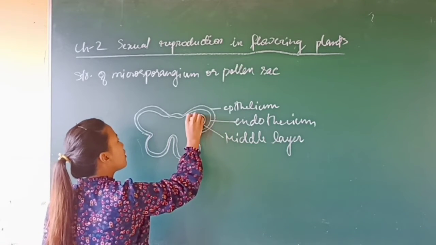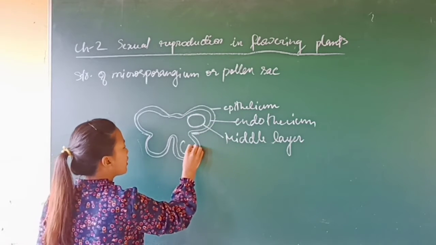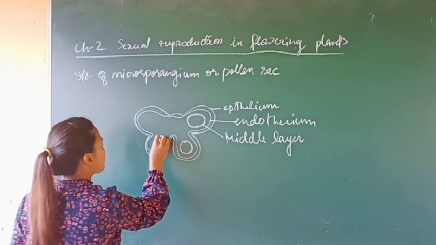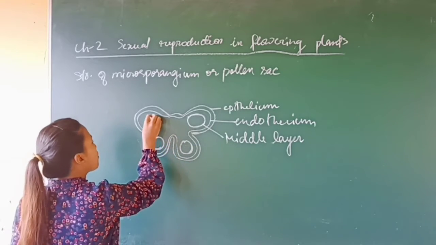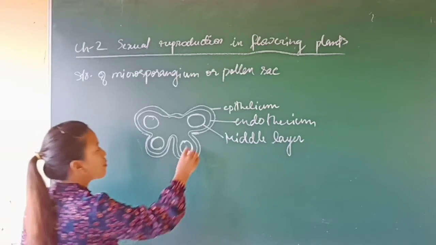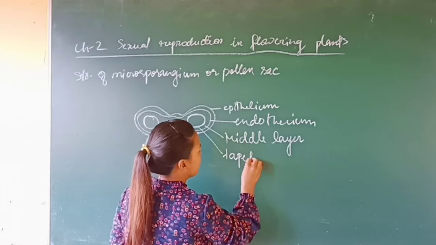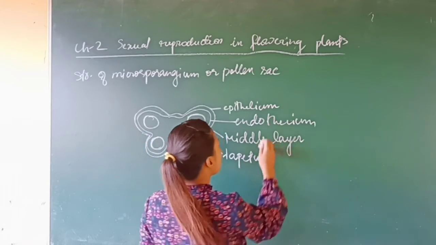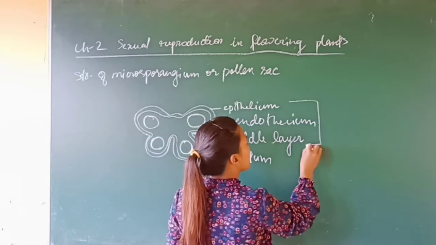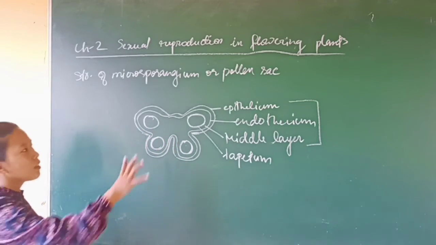The cells of this tapetum are very dense. These are the 4 wall layers of the microsporangia, and the last, innermost one is the tapetum. Out of these 4, the outer 3 function as a protective structure.